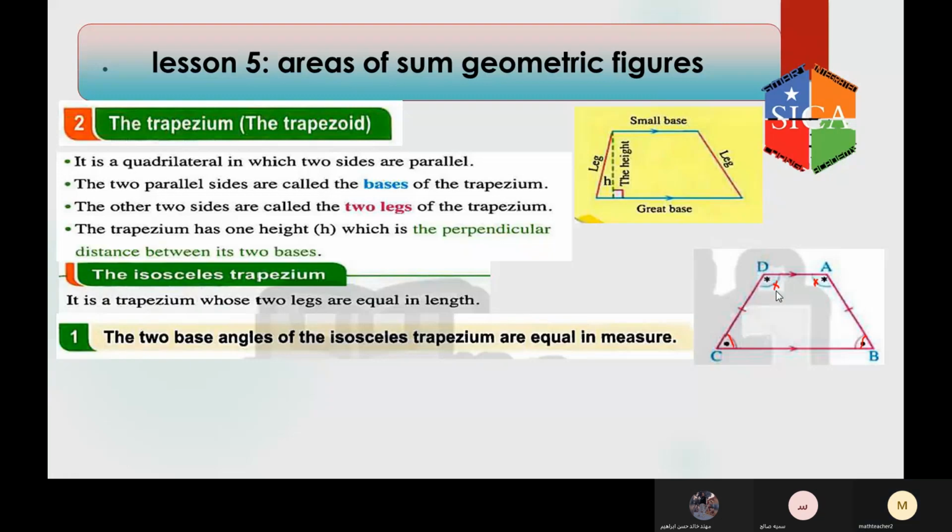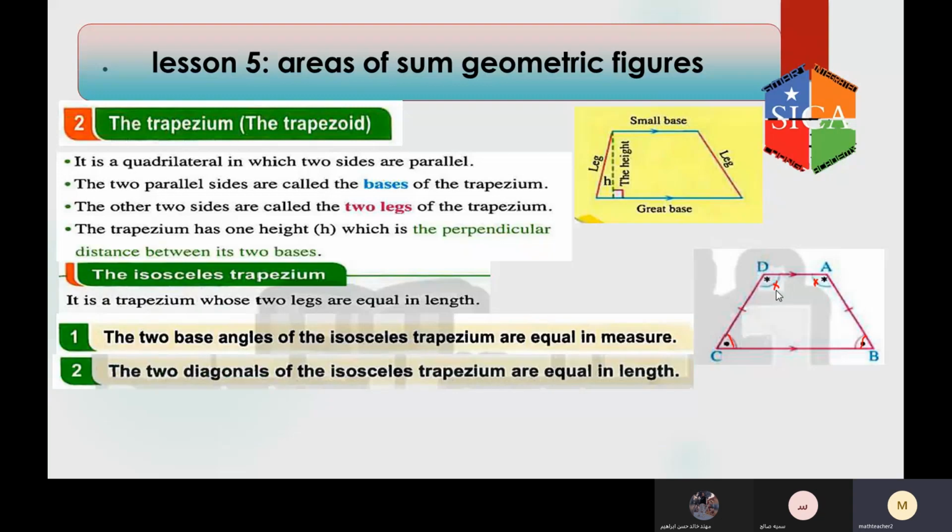The 2 diagonals in the isosceles trapezium are equal in length. The two diagonals here, AC equals DB. The two diagonals in the isosceles trapezium are equal in length.